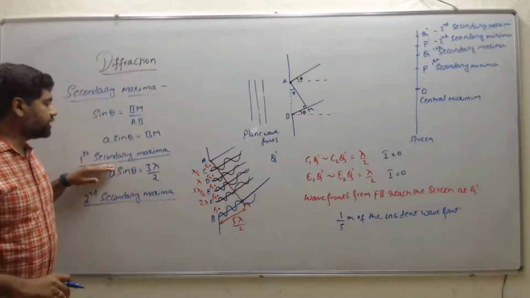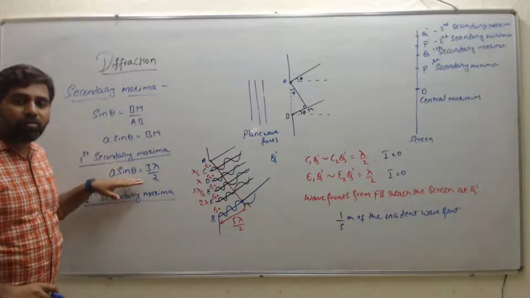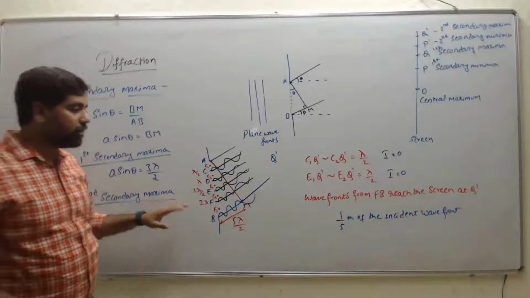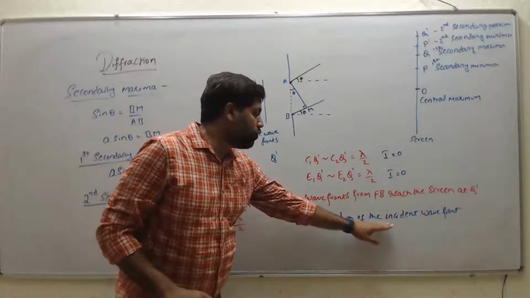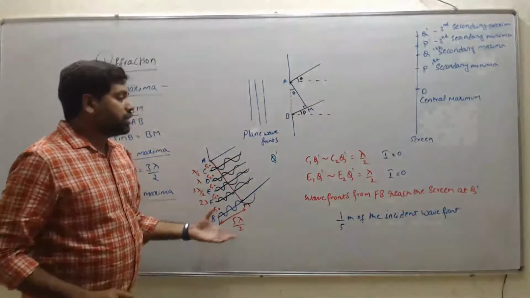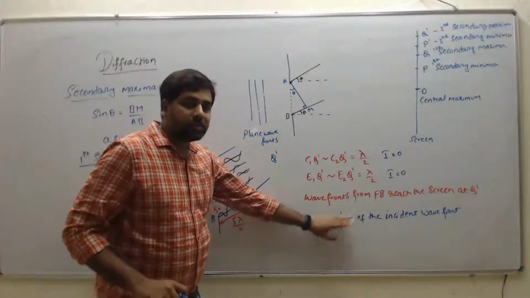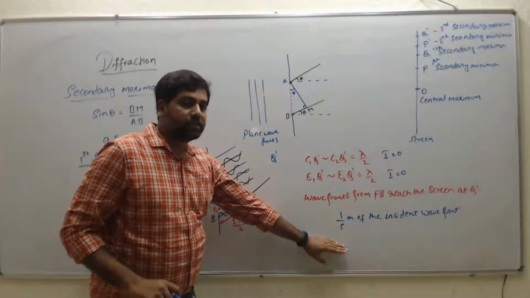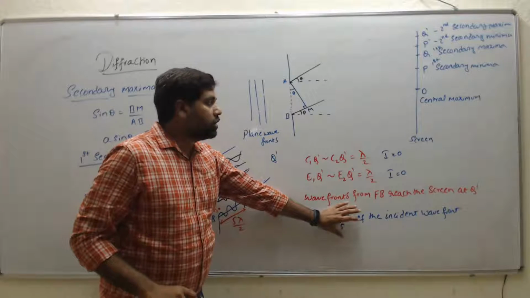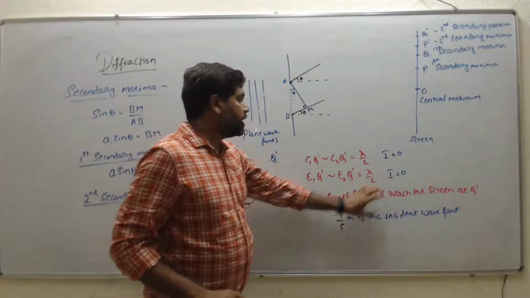So in the first secondary maxima, we are getting only one third of the incident wavefront. In the next secondary maxima, we are getting only one fifth of the incident wavefront. That's why the intensity decreases as the order increases. Here also we are getting intensity, but compared to the central maxima it is very less.